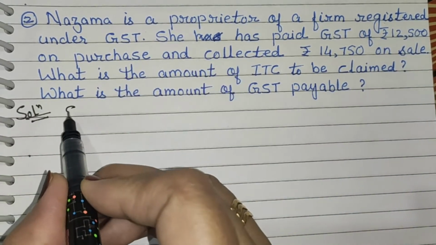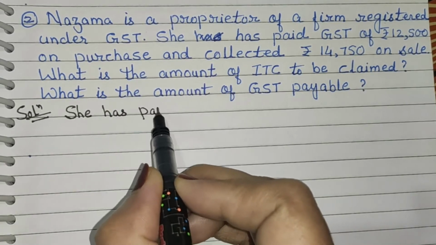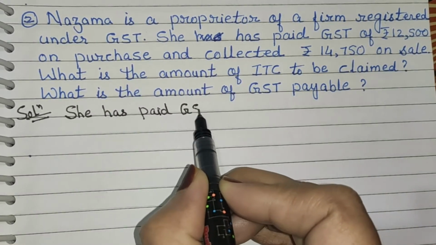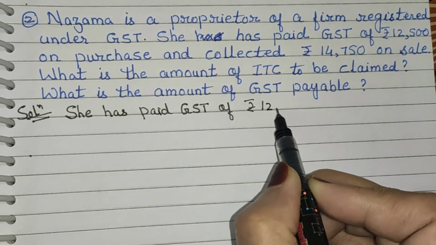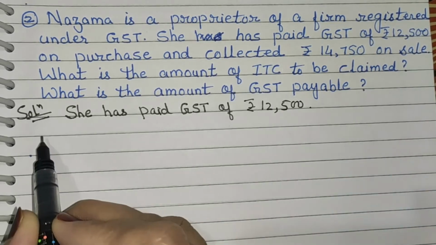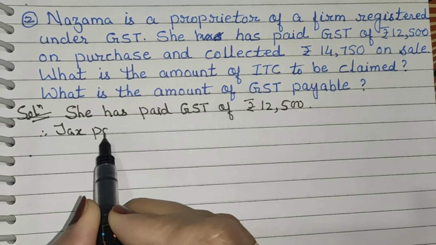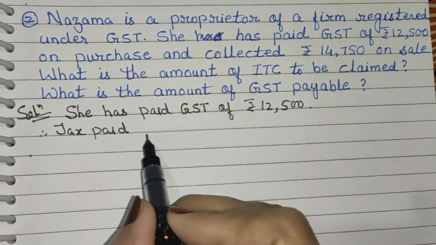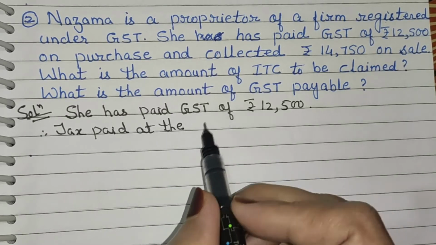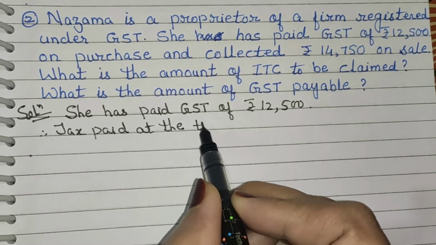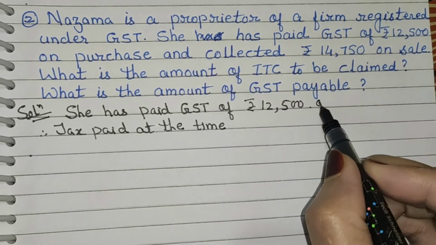She has paid, first one is given, she has paid GST of rupees 12,500. Therefore, write down here, it is tax paid at the time of purchase on purchase.